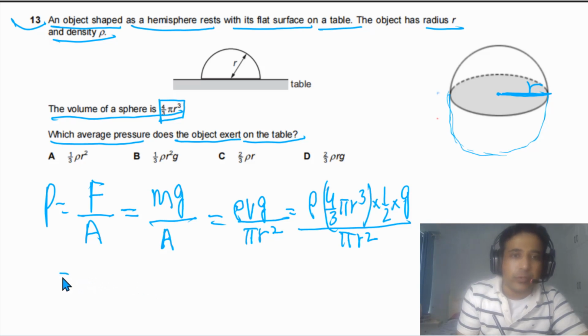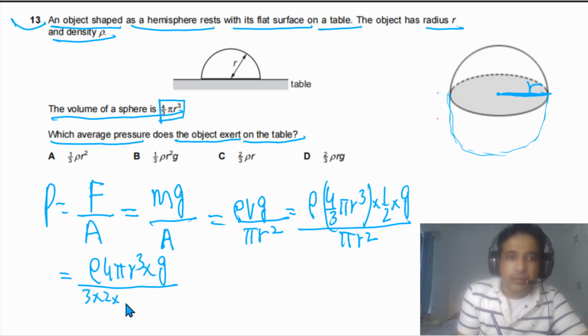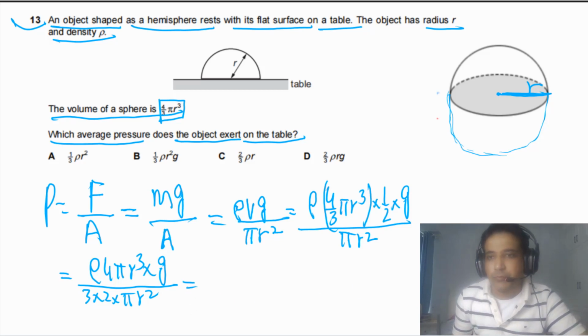So we can rewrite this. We have rho, 4 pi r cubed times g, divided by 3 times 2 times pi r squared. Now we just need to simplify.